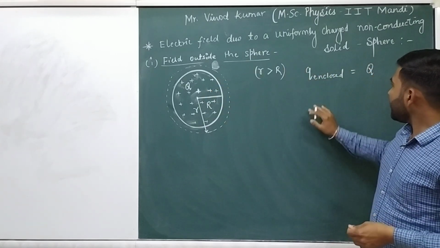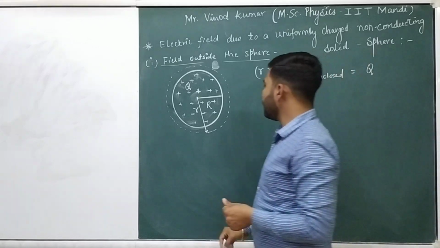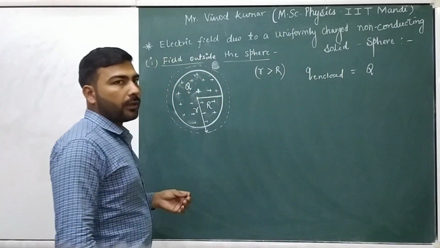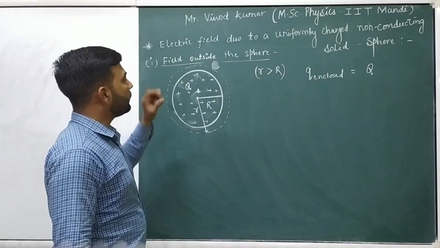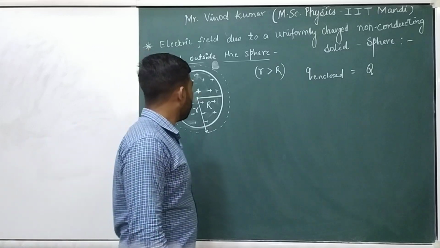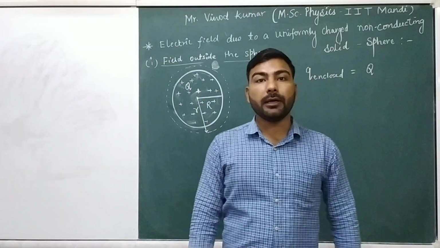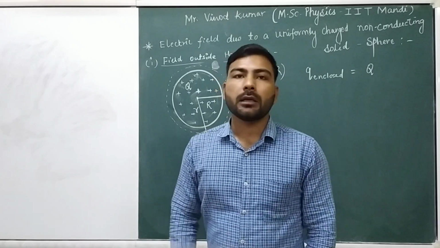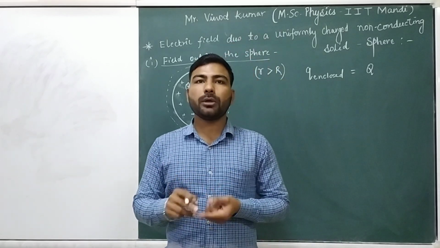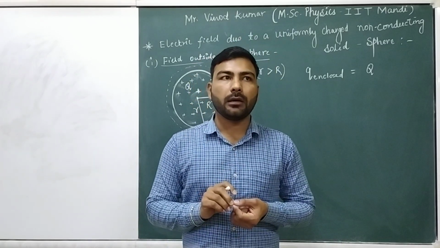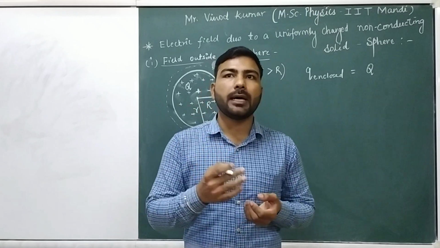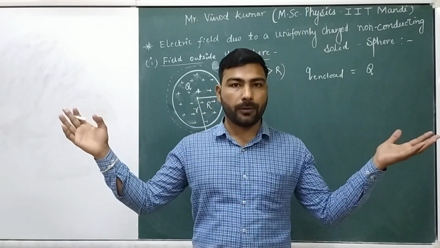Fine. Now we are going to apply Gauss law so that we can find the electric field. One more thing: what will be the direction of the electric field? We know that the electric field due to a positive charge is always radially outward.